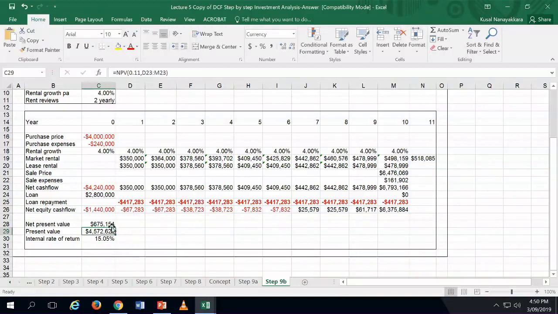The second part is that the purpose of the DCF is to see whether this investment is feasible for us. Then, of course, we have to calculate the loan, interest, and tax.